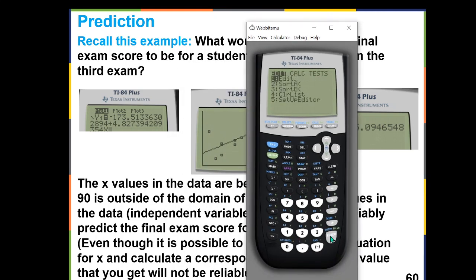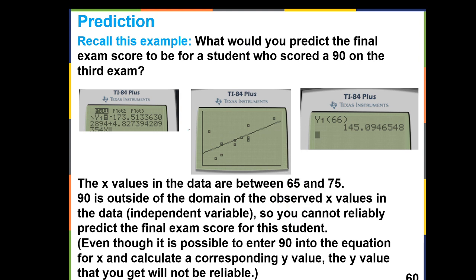If you go to stat, notice our x values go from 65, and the biggest is like 70 something, maybe 75. So the range of the data that we have is from 65 to some number 70 something, maybe 75. So 90 is over here and is not in the range of the data that we have.